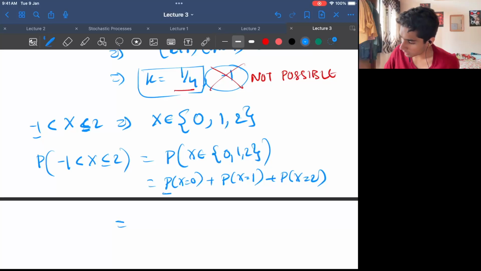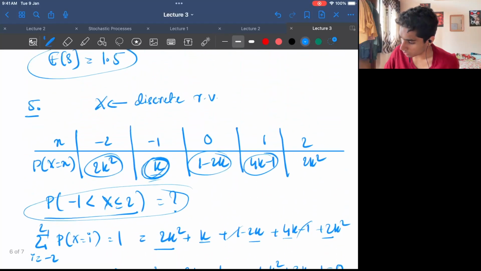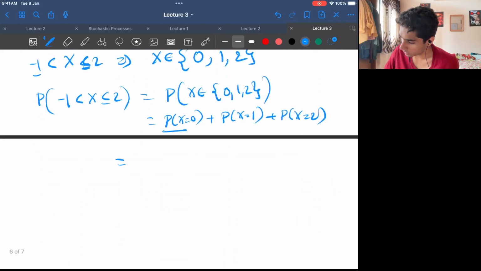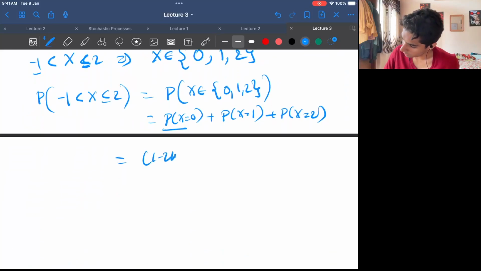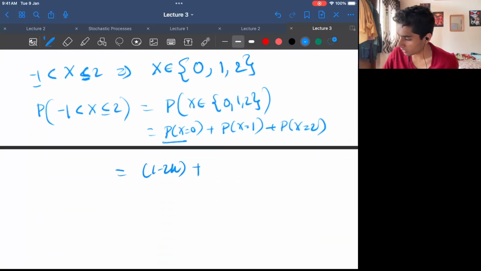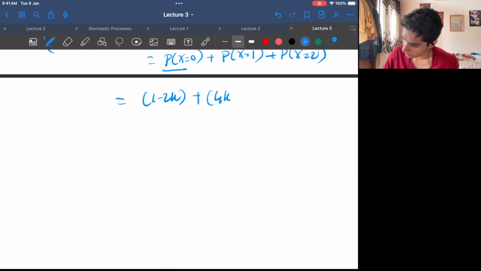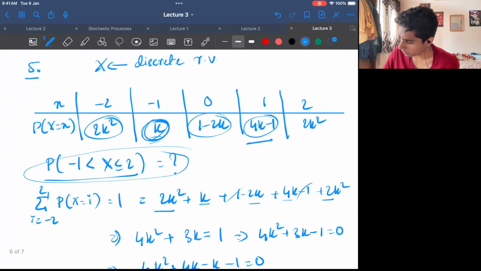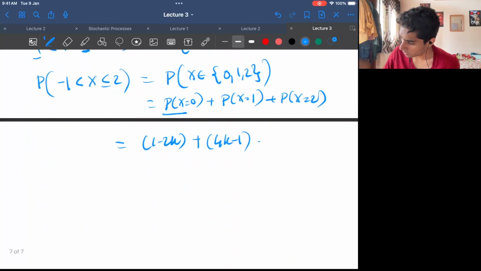Now probability of x equal to 0 is given to us, that is 1 minus 2k. Probability of x equal to 1 is given to us, that is 4k minus 1. And probability of x equal to 2 is given to us, which is 2k square. Now you just simplify this. This is 2k square plus 4k minus 2k is again 2k. Plus 1 minus 1 is 0.